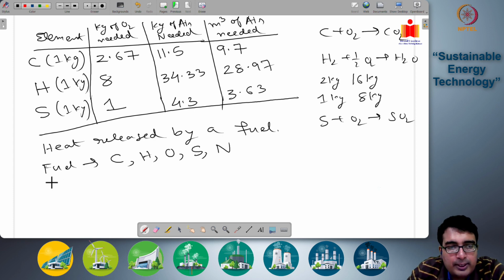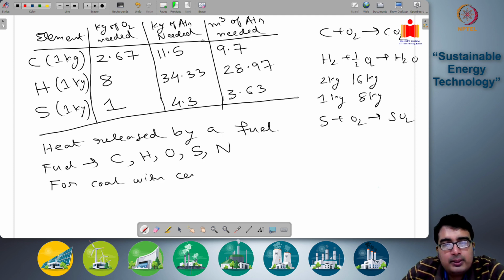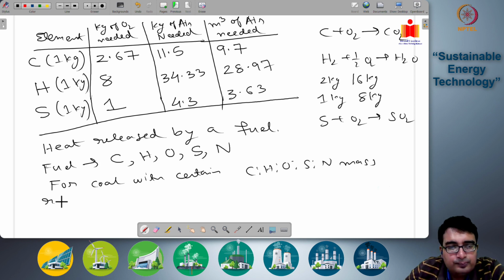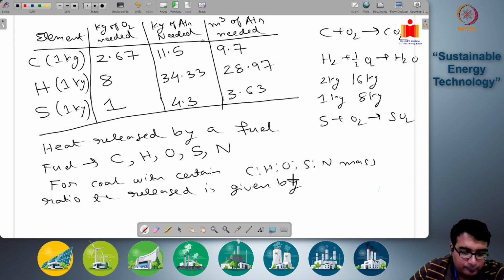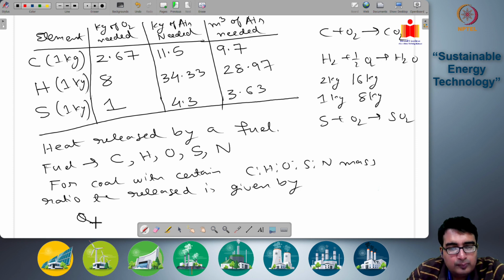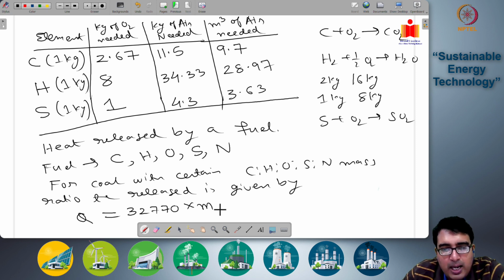So for coal particularly, for coal with certain C is to H is to O is to S is to N mass ratio, the heat released is given by Q equal to 32770 into mass of carbon present.